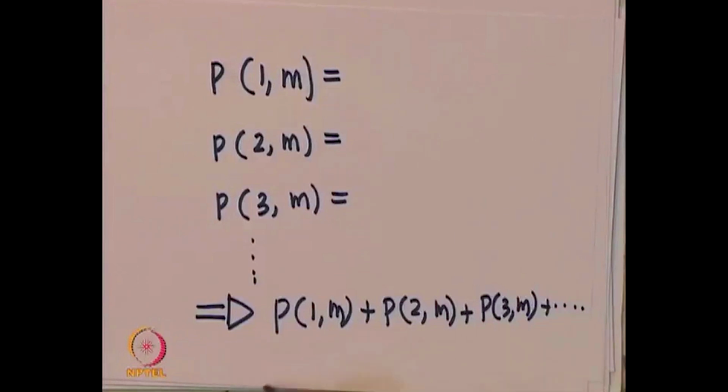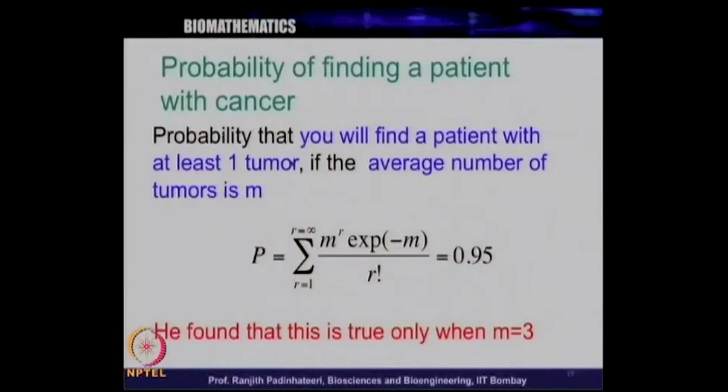It is given by this sum, which is the sum over r equal to 1 to infinity of m power r e power minus m by r factorial. Knudson found that this is 0.95, that is 95% of the patients had at least one tumor. Some of them had more than one, but all of them had at least one.